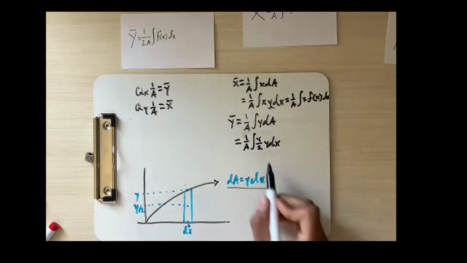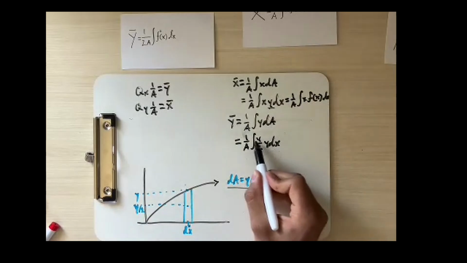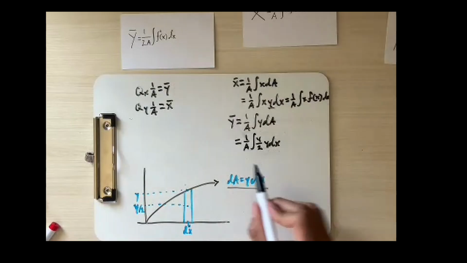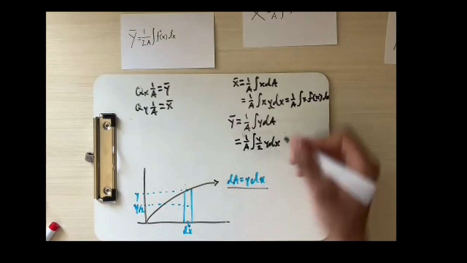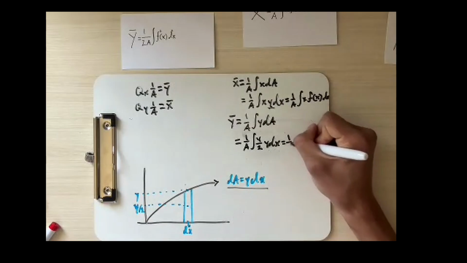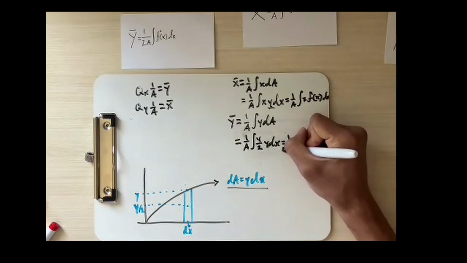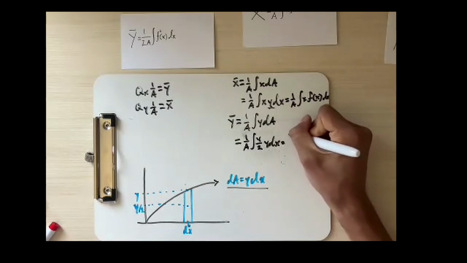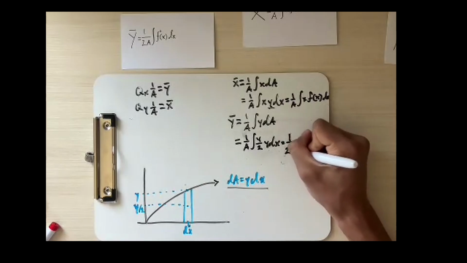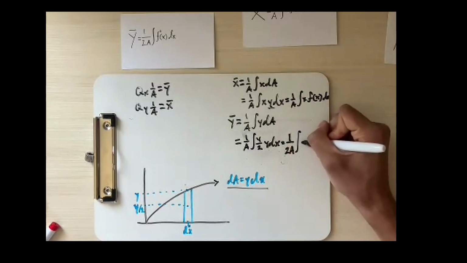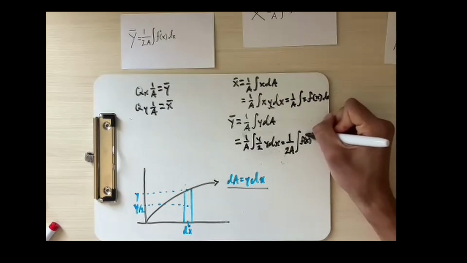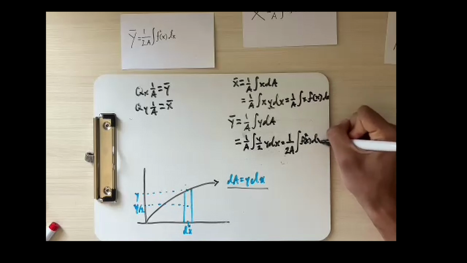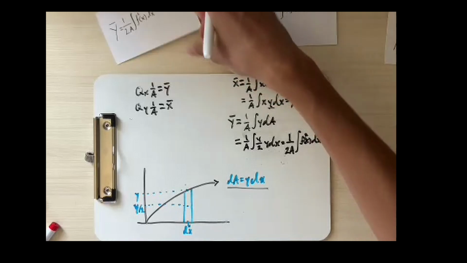And check that out. These two y's will combine together to give us our y squared. And this 2 is going to come out because that's just a constant. So 1 over 2A integral f of x squared dx. And we've arrived at the same formula.